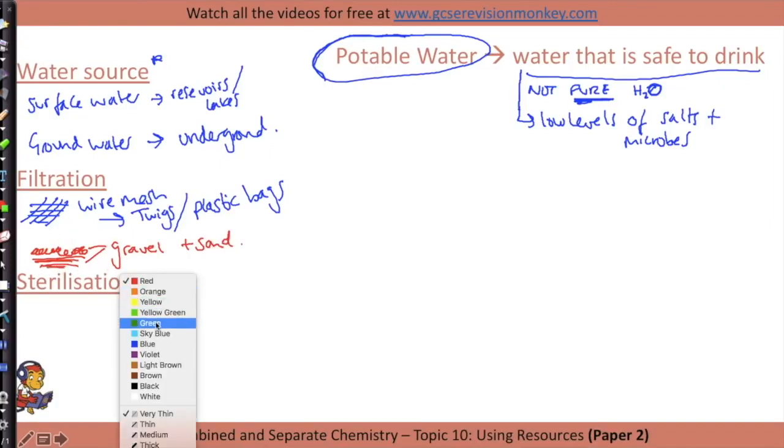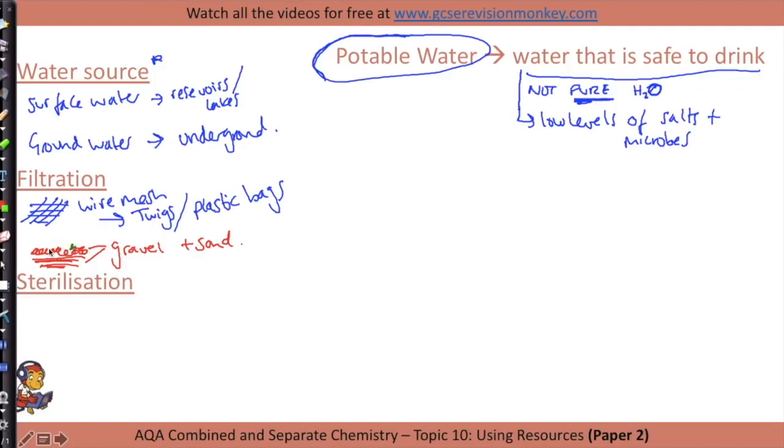So in the gravel you get maybe smaller bits of leaves and things collecting, and in the sand any really, really small bits of solid that you don't want in your water. So after those two processes, you've got all of the visible things that you can see out of the water, the larger solids and then the smaller solids, and it might well then look like it's safe to drink.